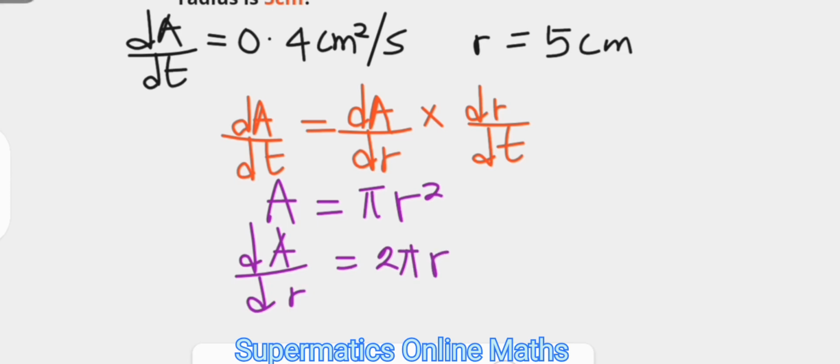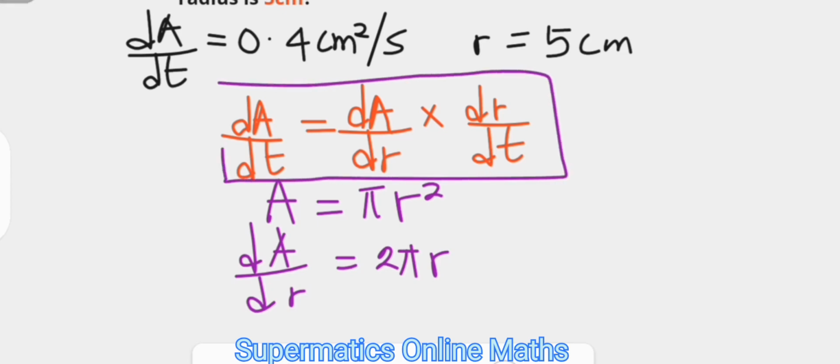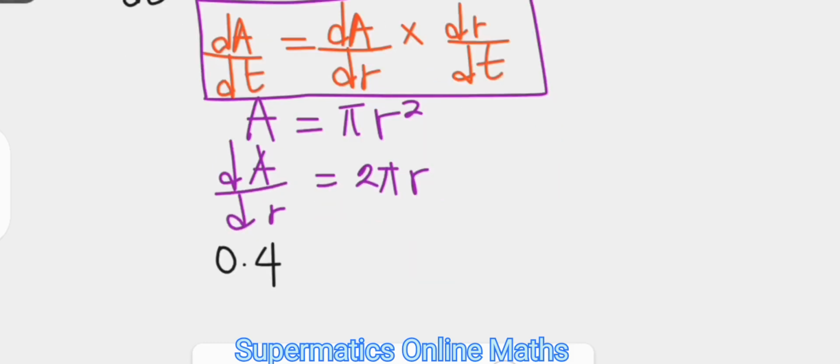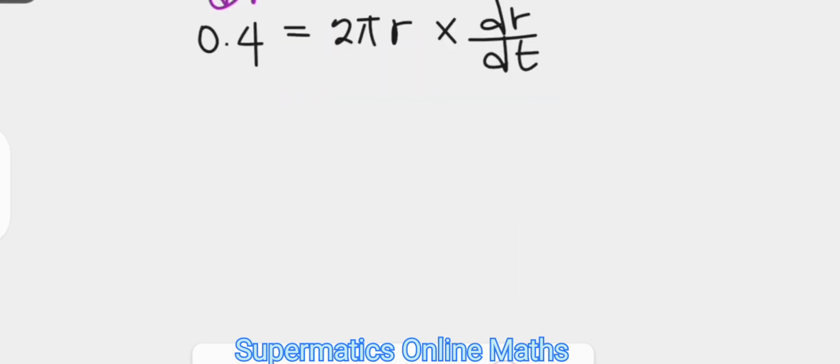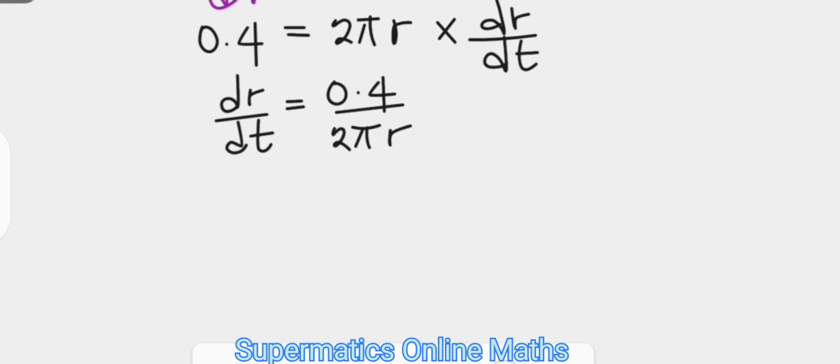So we can substitute this into the chain rule formula in order to get the rate of change of the radius, thus giving us 0.4 centimeters squared per second equal to 2 pi r times dr/dt, such that dr/dt is going to be 0.4 over 2 pi r, which simplifies to 1 over 5 pi r.